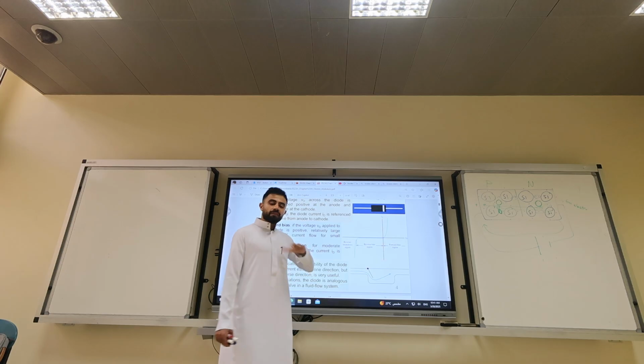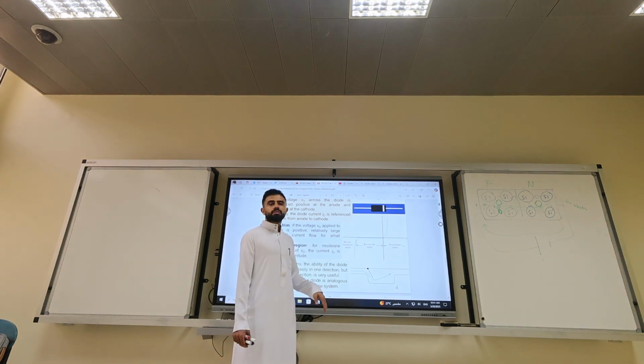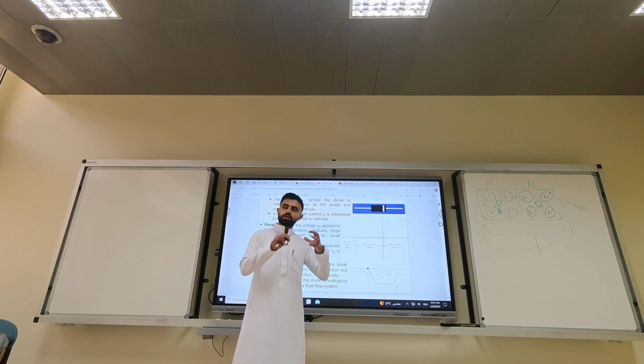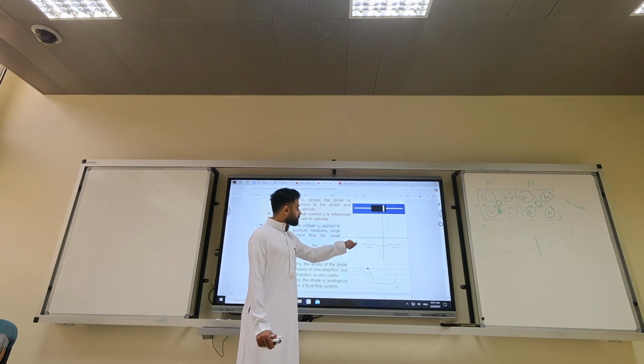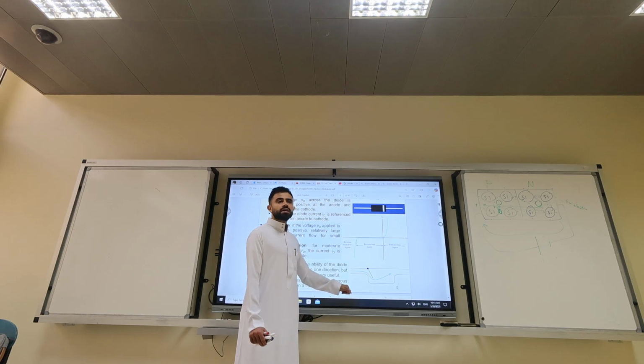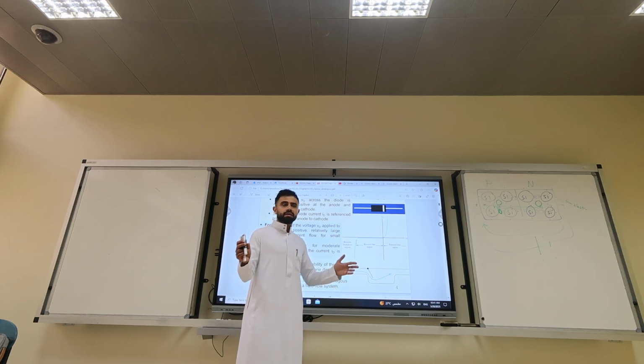But if you apply very negative voltage, you will break down. It's too much for the diode to handle, and this is the reverse breakdown region, and it will be damaged and cannot be used again. So think of this as the damage region, okay?